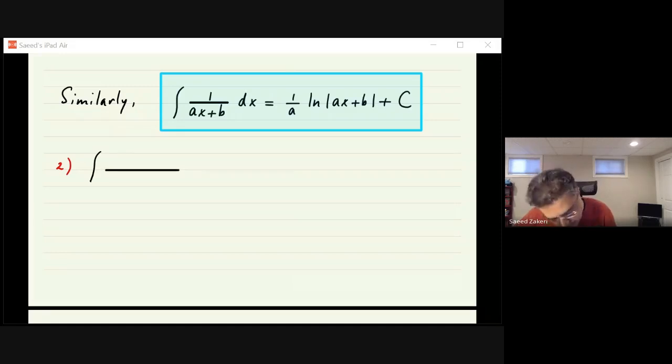So what I have is the integral of 2x plus 1 over x squared minus 2x minus 3 dx. Now, the first thing you observe is that this is a rational function. So we're trying to integrate a rational function. You always start with the simplest possible method.